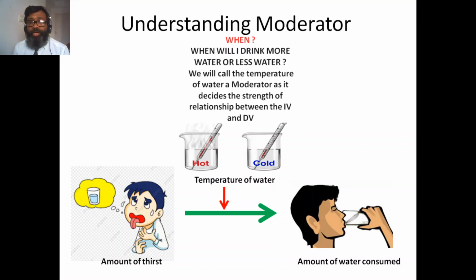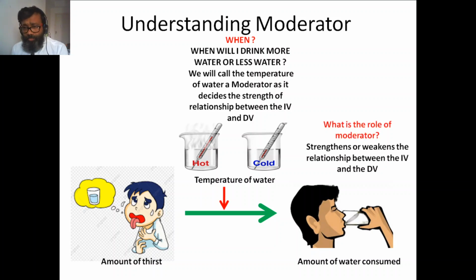The role of a moderator is confined to the space that it defines the relationship between the independent variable and the dependent variable. It increases or decreases the strength between them, which I have mentioned here: it strengthens or weakens the relationship between the IV and the DV, the independent variable and the dependent variable.